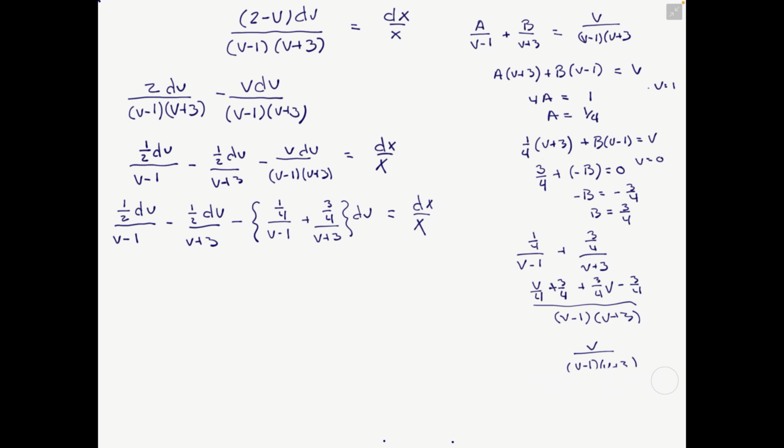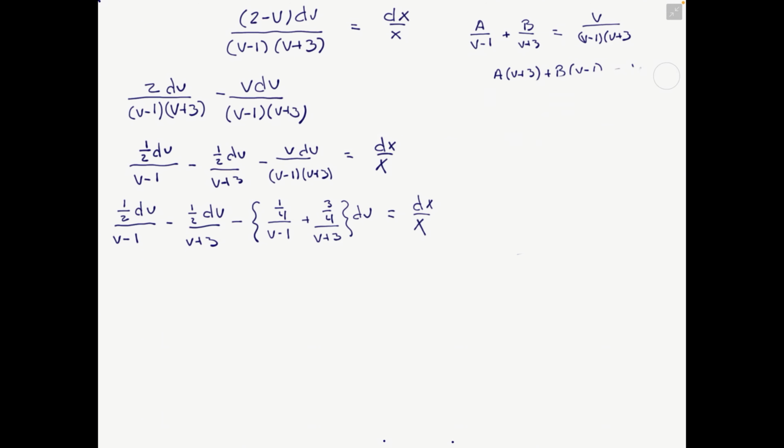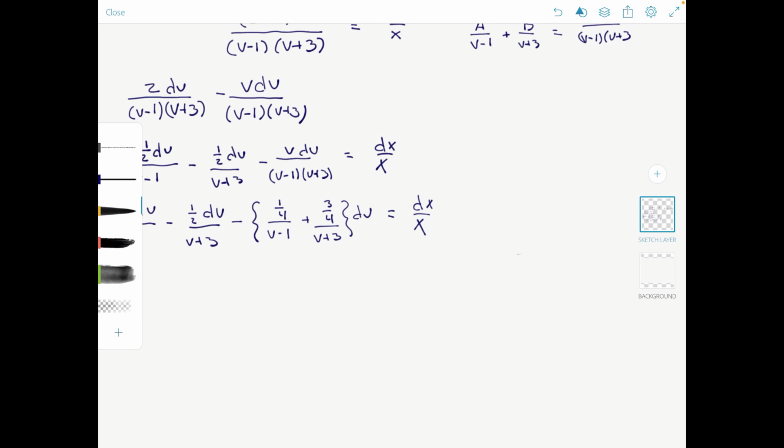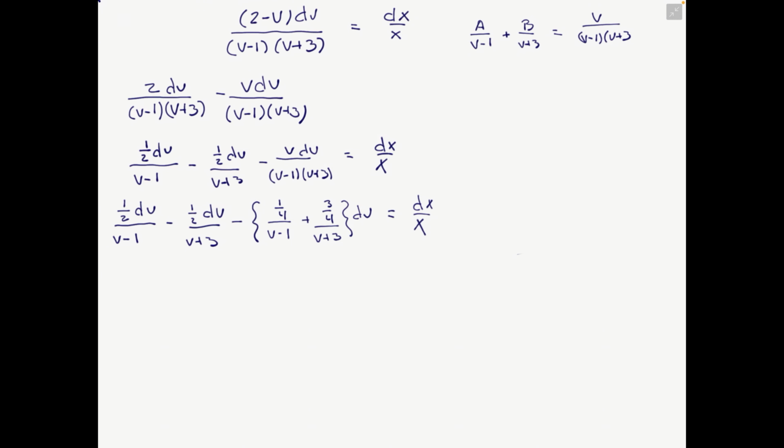Okay, so let's clean up the board a little bit. Let's get rid of this. We got our fractions, and we do a little more algebra. And we got 1/2 minus 1/4. That's minus 2/4.